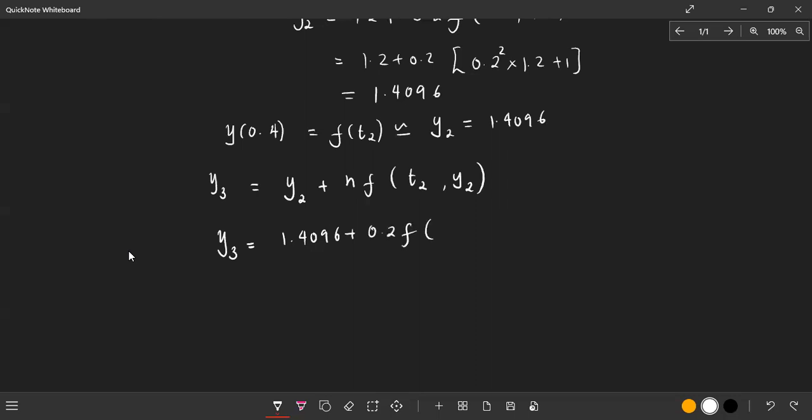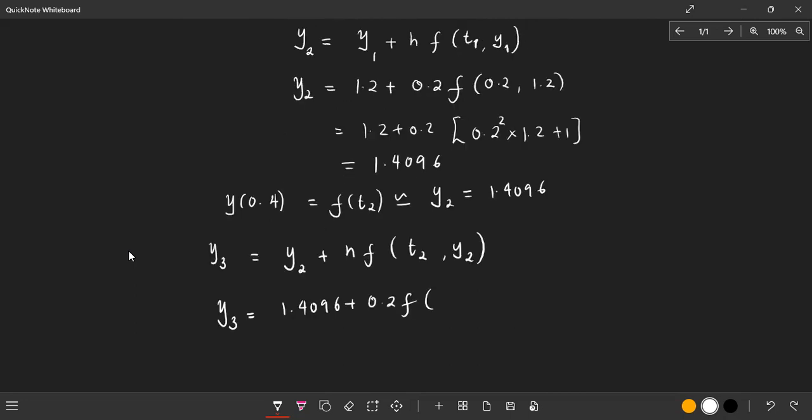The previous value t2 is 0.4, comma 1.4096. We substitute our function: t is equal to 0.4 squared times our y, which is 1.4096, plus 1.